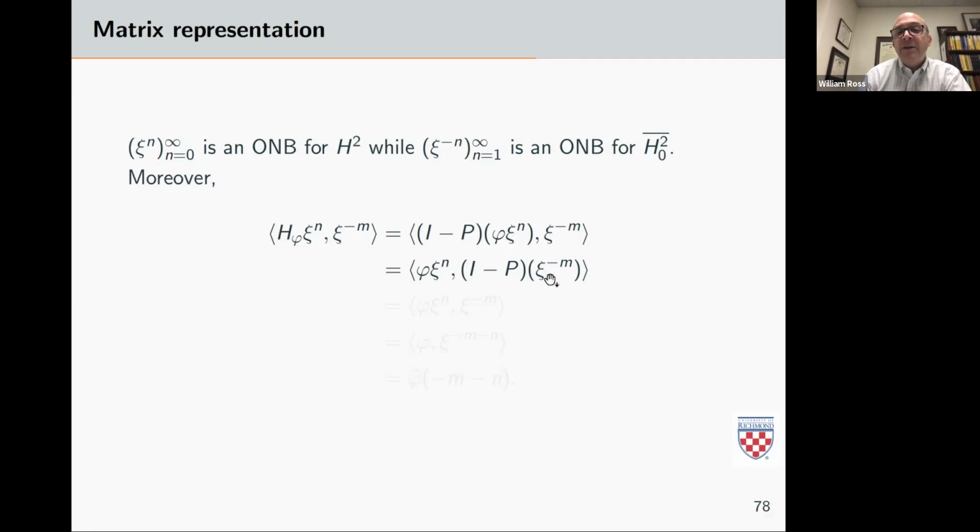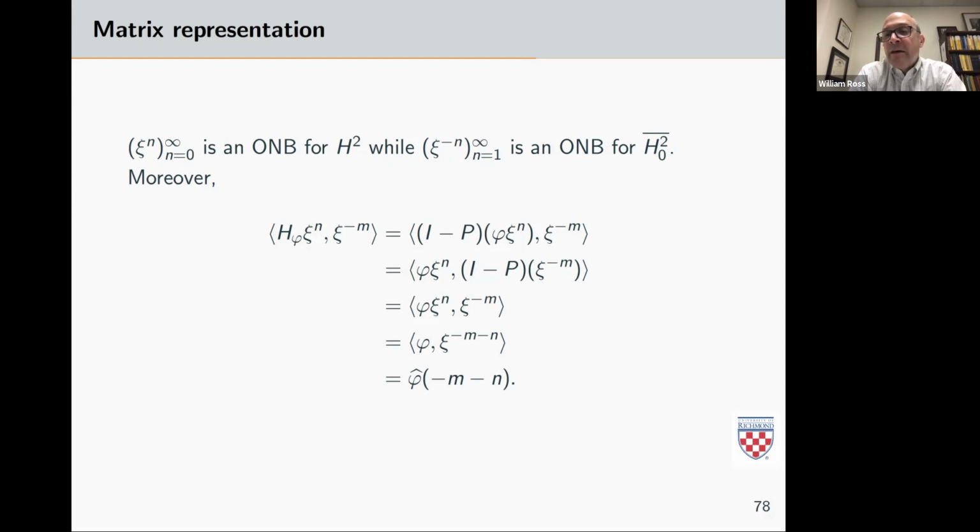Now, c to the minus n is in H2 0 bar, so this projection has no effect. Then you bring this c to the n over to the other side in the integral, as its negative, and then you see that the matrix entry is the Fourier coefficient of minus m minus n.